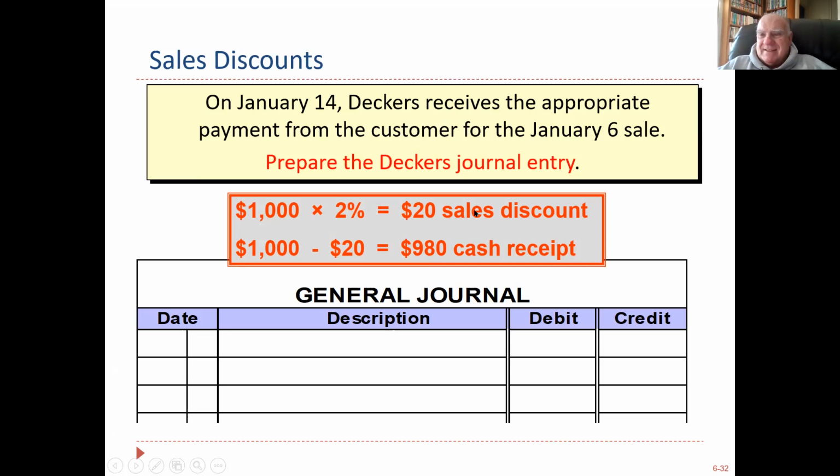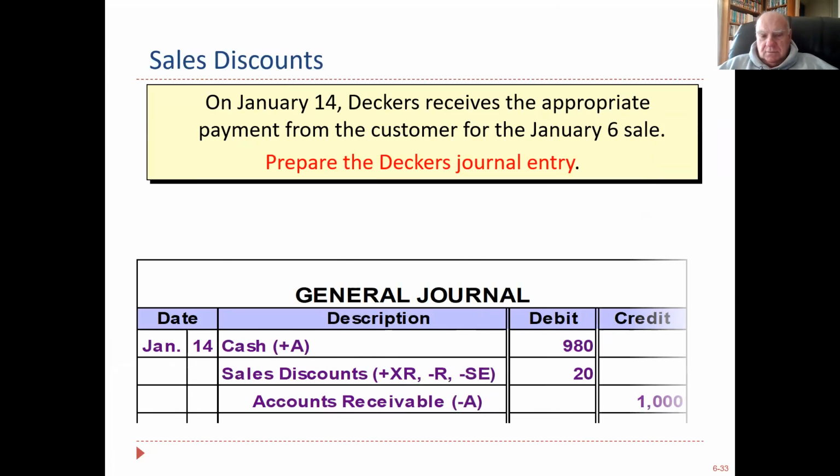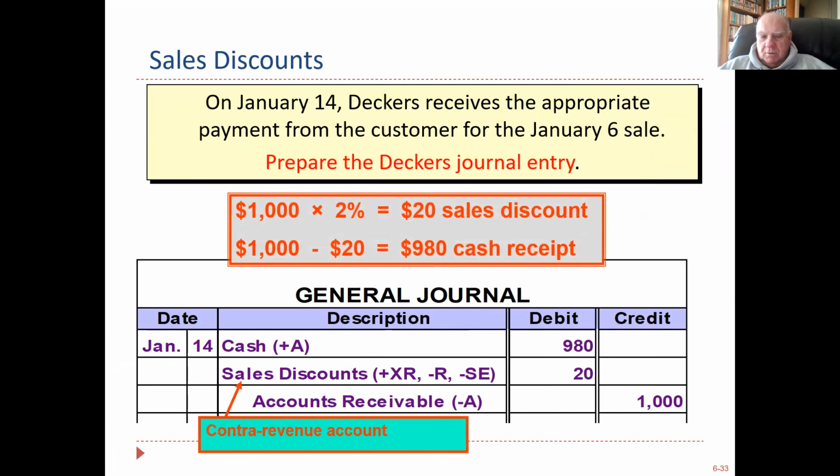So there's your debit to sales discount. There's your debit to cash. And what do you think the credit's going to be? Accounts receivable. This customer owed us $1,000, but we gave them the opportunity to settle that whole $1,000 with a cash amount of $980. So the customer saved himself $20, and we suffered a loss of our net sales of 20, if you want to call it a loss.